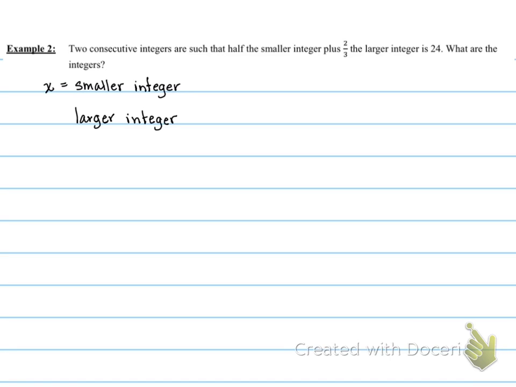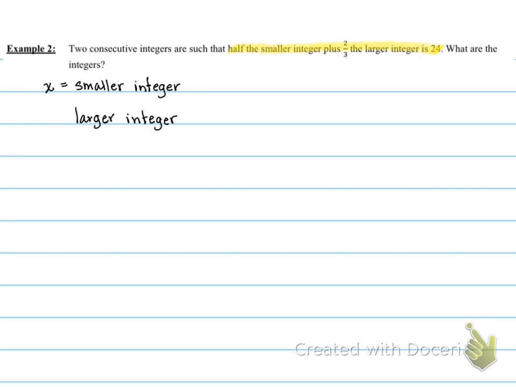What I always look for in these problems is there's always two pieces of information. One piece of information tells us how the two unknowns are related to each other. And then the other piece of information tells us how they're related to some other number. So this sentence right here relates my two unknowns to the number 24.